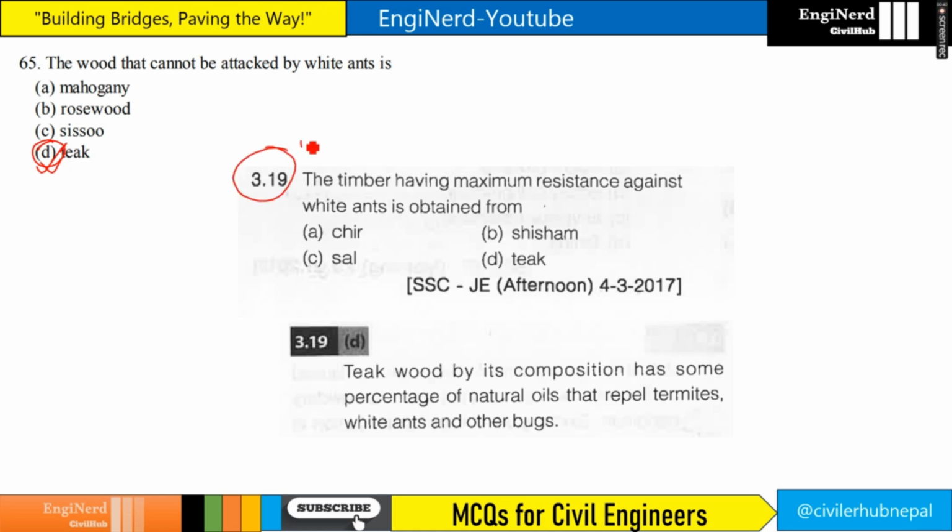But if you see from the book of Made Easy Indian, and it was asked in 2017 in SSC, the timber having maximum resistance against white ant is obtained from, it is given as teak despite the presence of sisam, right? So it says that teak wood by its composition has some percentage of natural oils that repel termites, white ants, and other bugs.